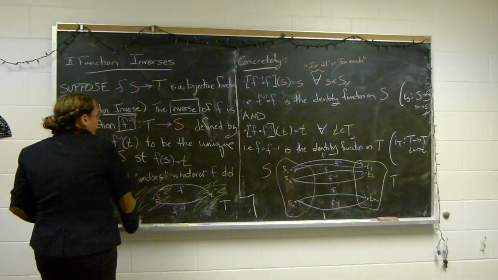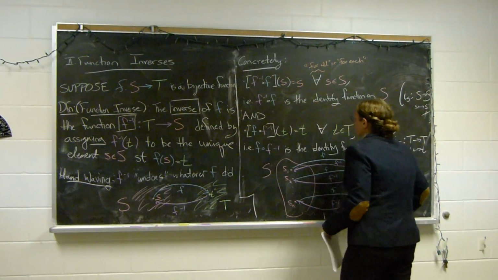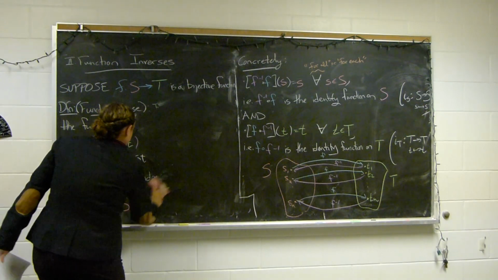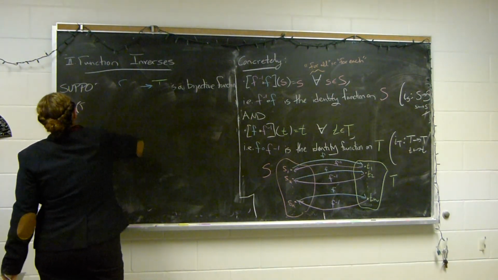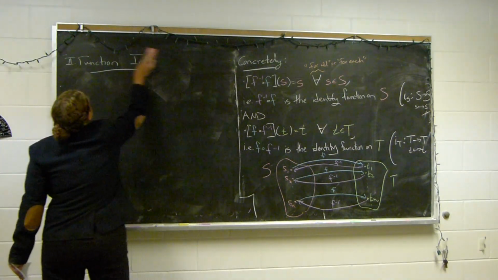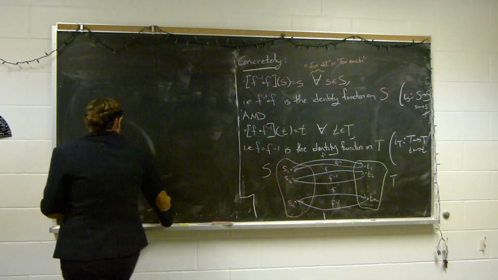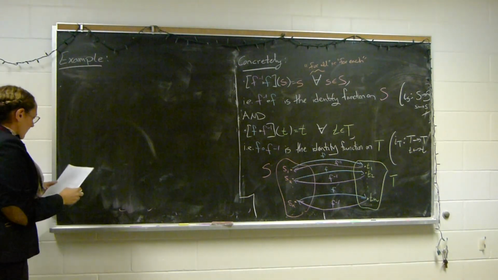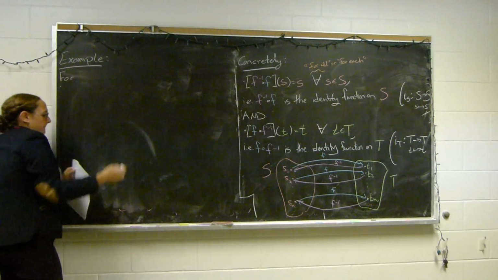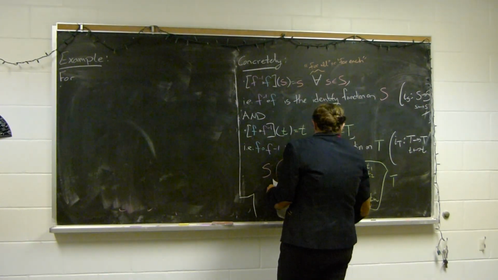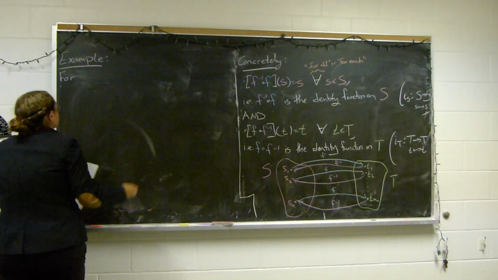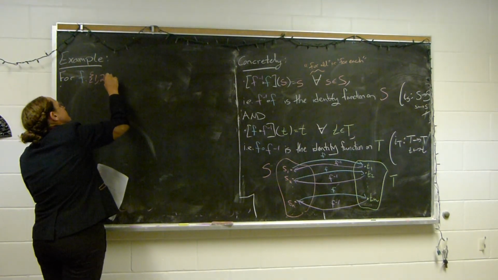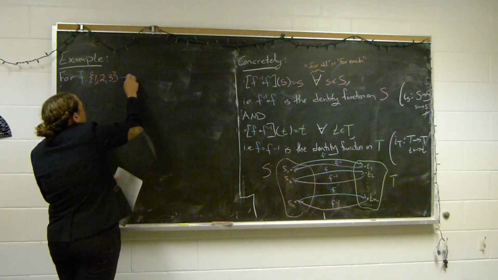So let's do an example. Okay, so if we have F goes from 1, 2, 3 to red, yellow, blue.